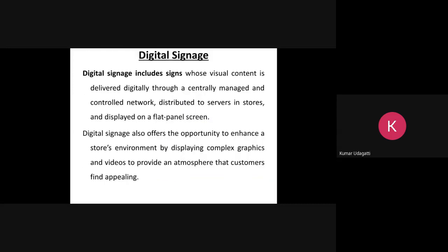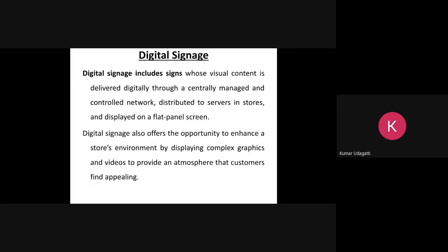Now we have digital signage, where we use certain technology, visual content delivered using digital media. These digital devices are managed centrally by the retail store, and they have a network deciding what has to be displayed at what time and how it is shuffled, with respect to the different offers in the stores.